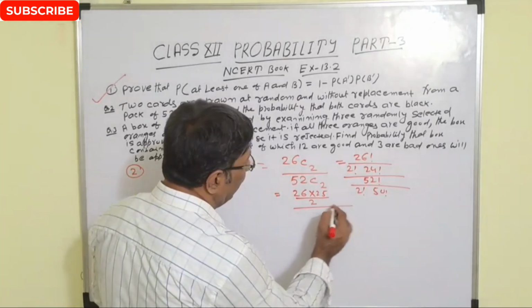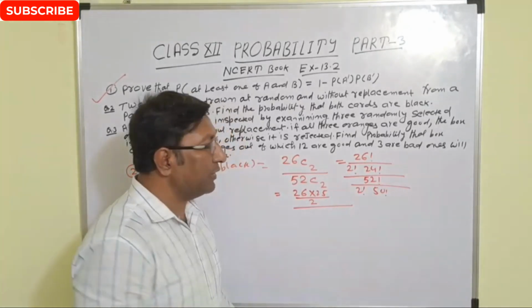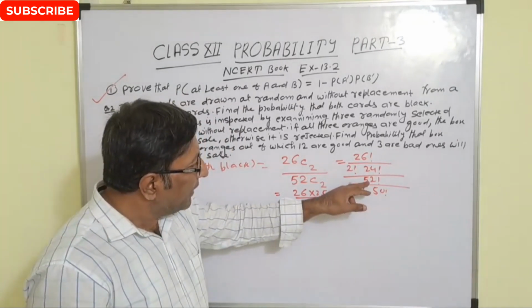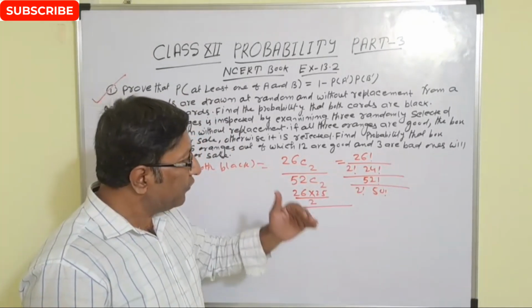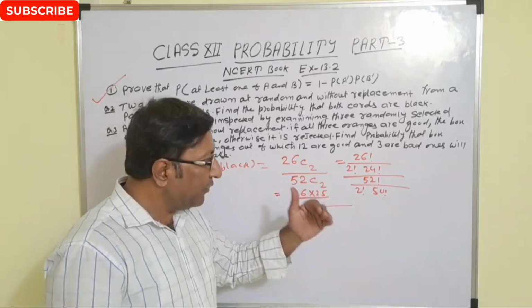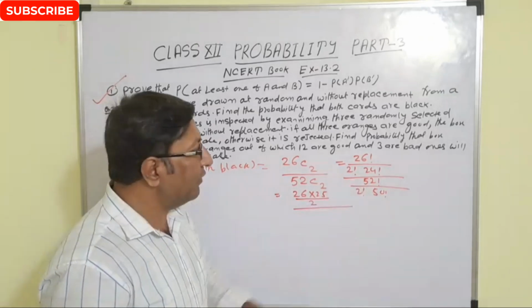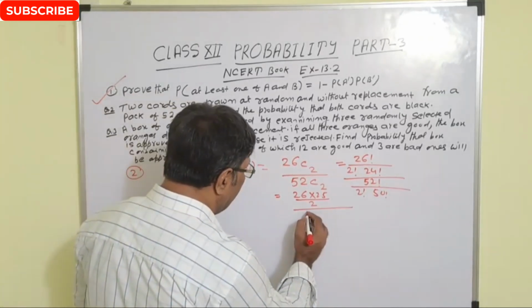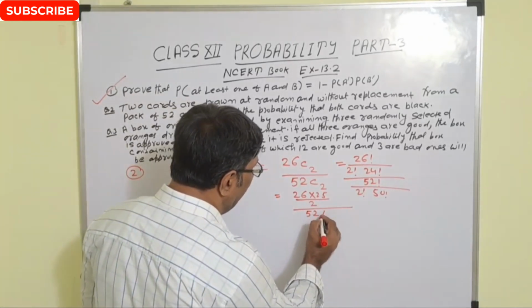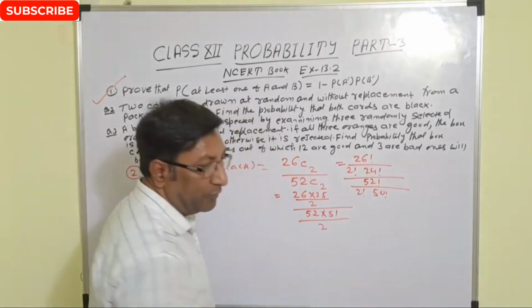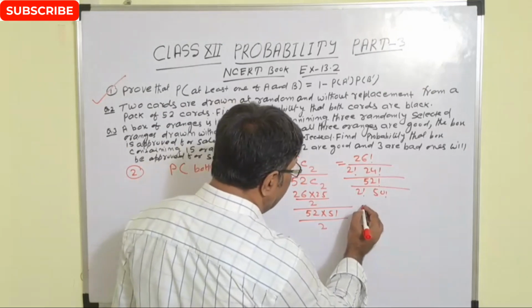In the same way, 52 factorial over 50 factorial: when we break 52 factorial, you get 52 multiply 51 multiply 50 factorial. Here 50 factorial is already given, so it will be cancelled out. So we get 52 multiply 51, and again 2 factorial.